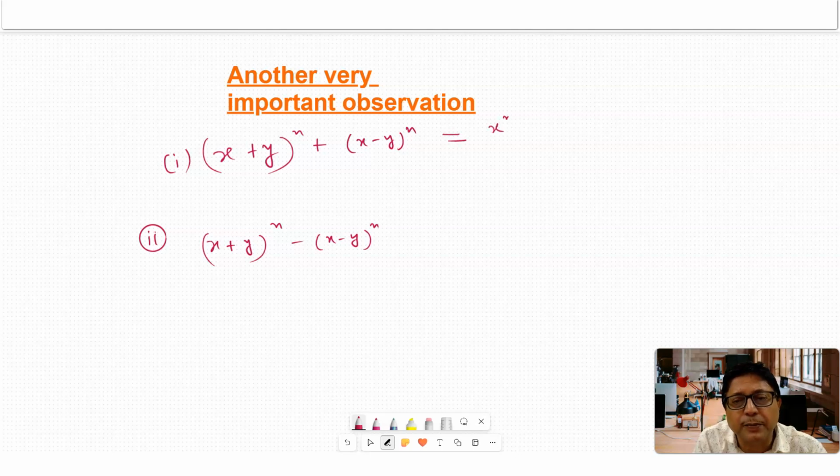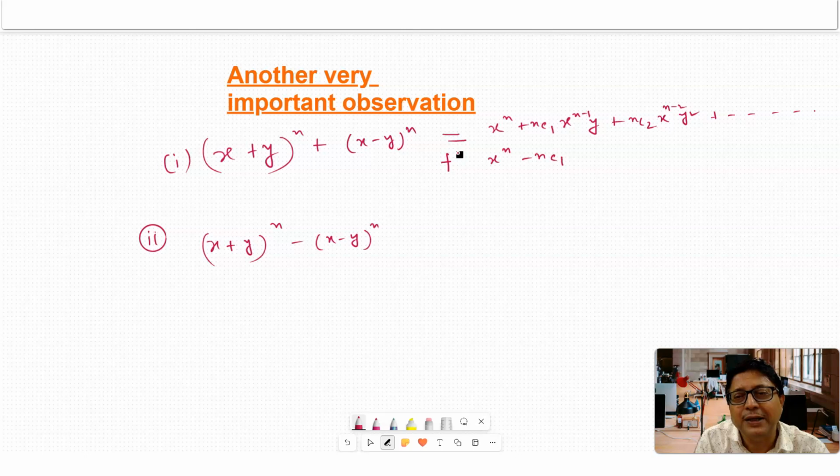It is x to the power n plus nC1 x to the power n minus 1 y plus nC2 x to the power n minus 2 y square, plus this way; I am not writing all the terms. And this plus, I am writing the second one: x to the power n, nC1 x to the power n minus 1 y, plus nC2 x to the power n minus 2 y square.